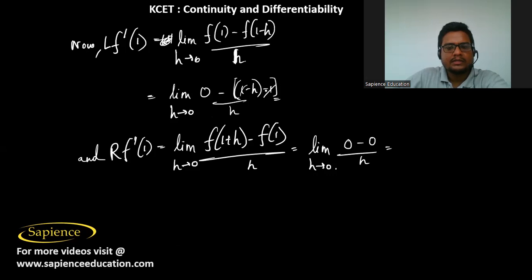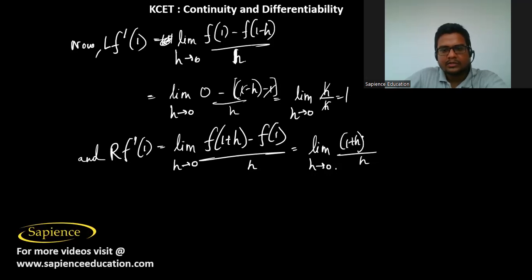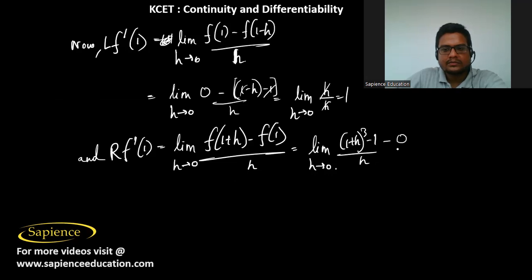So this will be limit h tends to 0 of h by h, which will be equal to 1. But Rf dash 1 will be equal to f of 1 plus h, that is 1 plus h whole cube minus 1, minus f of 1, which is 0.